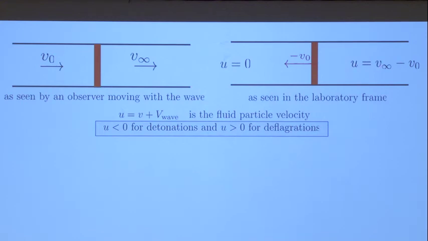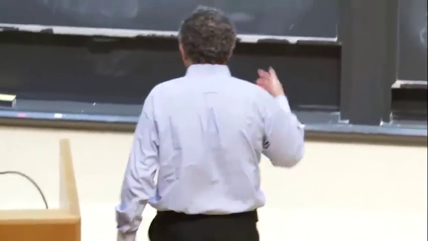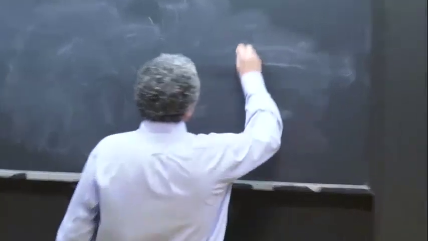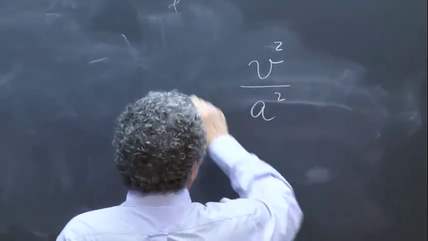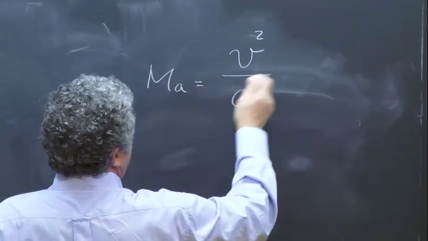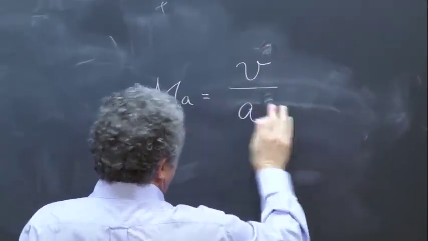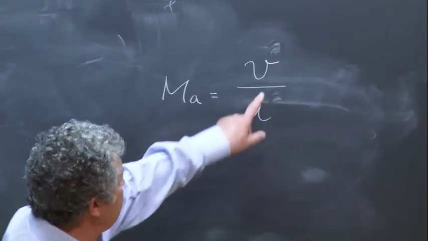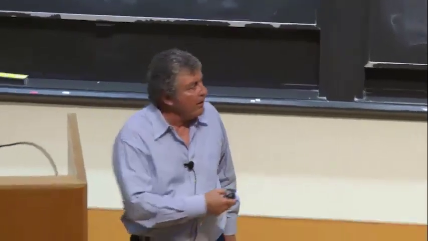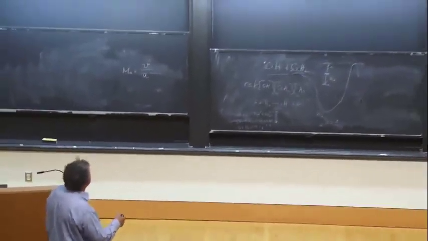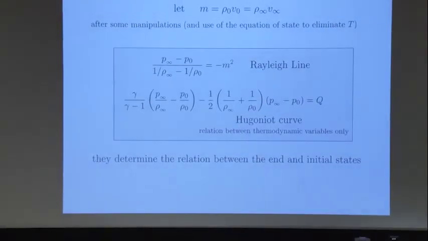Okay? Yes? I'm sorry, did we ever define what the Mach number was? I did in words, maybe I didn't write it. So the Mach number is essentially the gas velocity divided by the speed of sound. Let me actually run through this quickly.